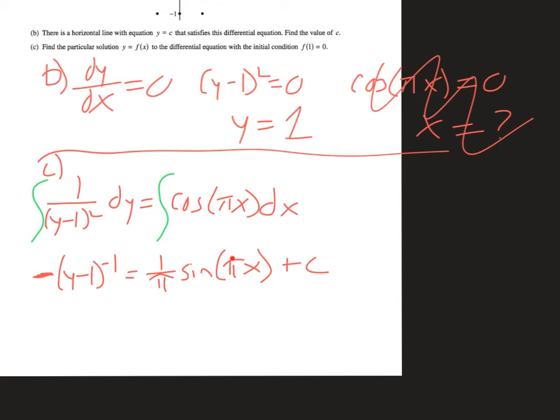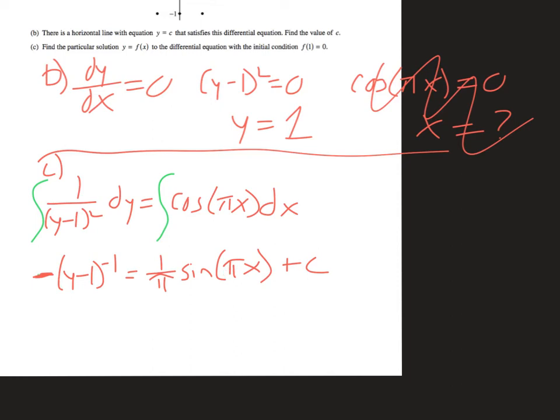And I know I would have to multiply by the derivative of the inside, so I'd have to multiply by pi. So the question is, what is this thing, cosine of pi x, the derivative of? Well, it's the derivative of sine of pi x, but with a 1 over pi in front. So when I do the chain rule, that cancels out. Okay.